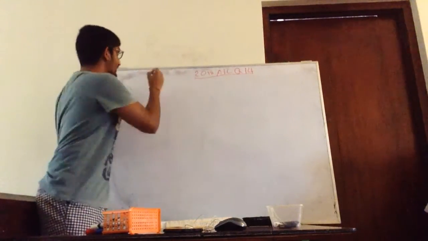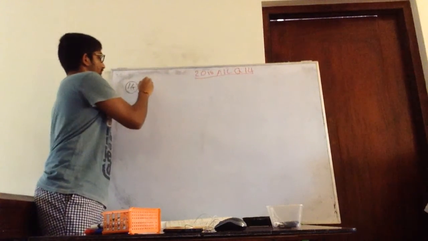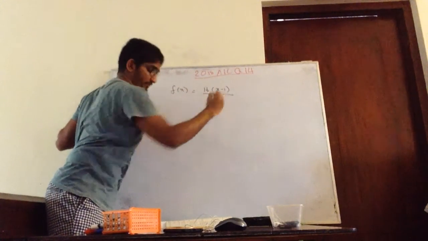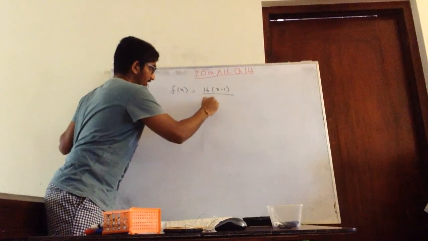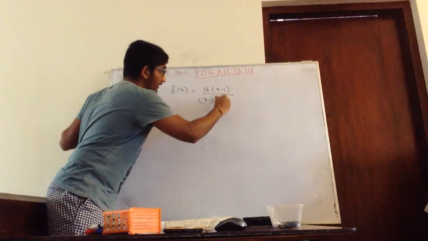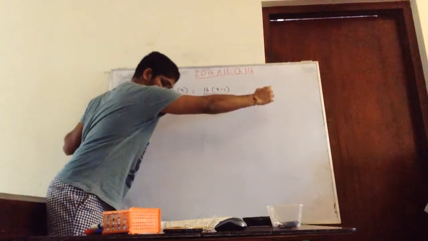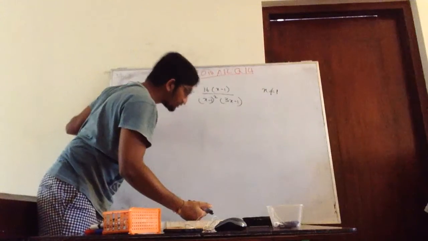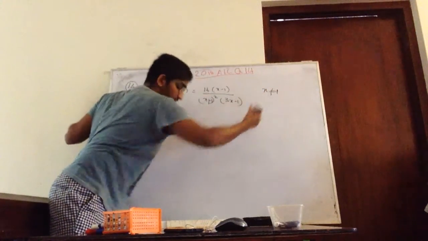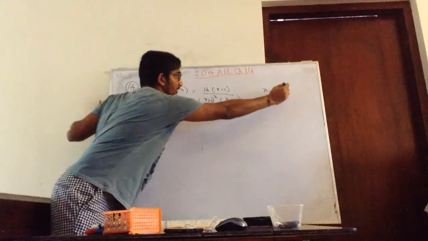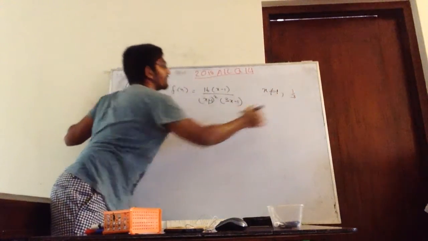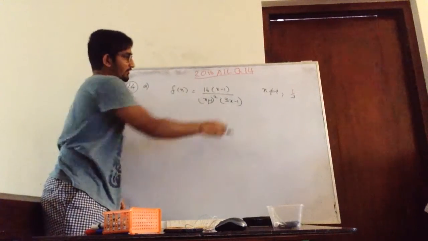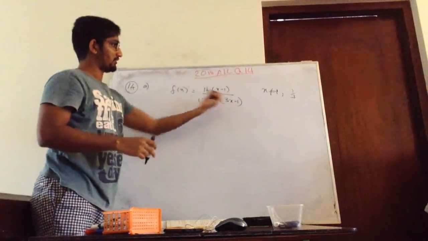So f(x) is given as 16(x − 1)/((x − 2)²(3x − 1)), and they say that x is not equal to −1 and not equal to 1/3. Since x is not equal to those, this part will not become 0 this time.